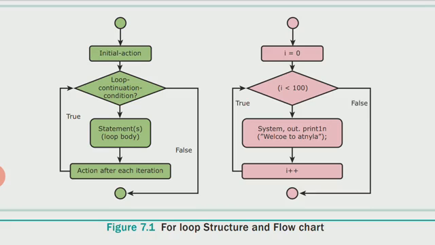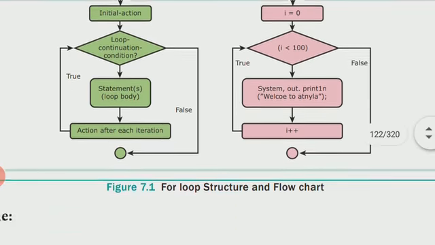When the condition is true, the statement will be executed 100 times. Again it will do the increment operator, then start the loop again. After 100 it becomes false, then it comes to the end of the loop. This is the loop structure.